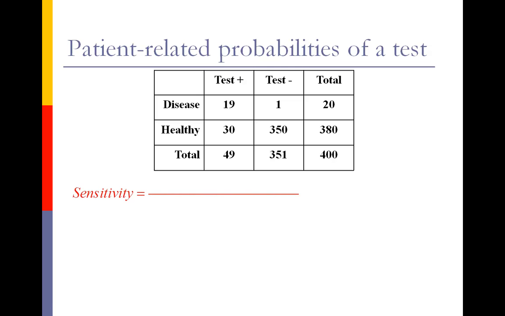Now, let's say we want to compute the sensitivity of this test. Remember, the sensitivity is the probability given that the patient has the disease. So we have to look only at the patients who have the disease. Remember, this is a probability about the test, not about the patient. So we're assuming the patient has the disease, and we're asking, what's the probability that the test will pick it up?